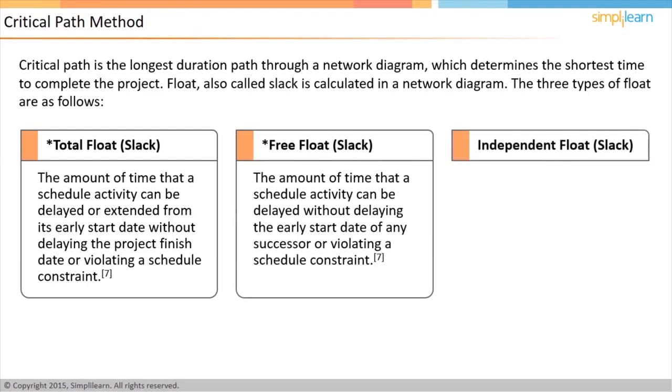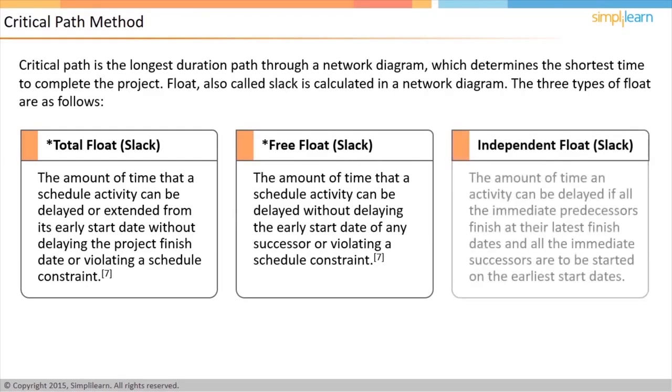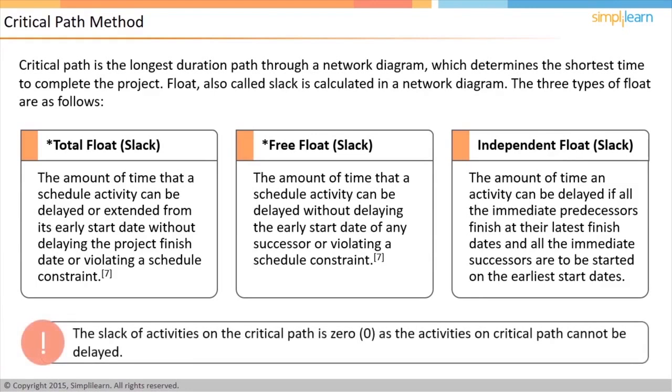The last type is independent float, which is the amount of time an activity can be delayed if all the predecessors finish at their latest finish dates and you want to start all the immediate successors at their earliest start dates. The slack of the activities on the critical path is 0, because there is no scope to delay activities on the critical path.